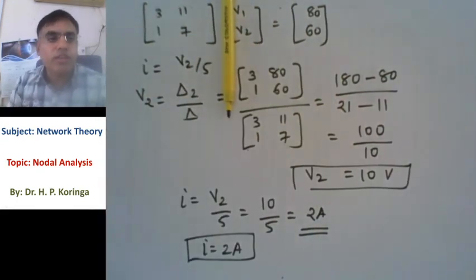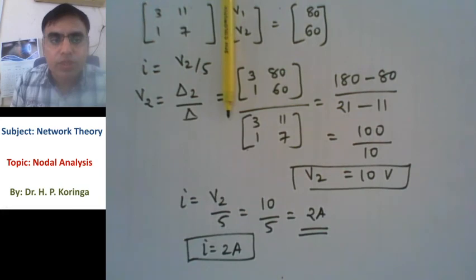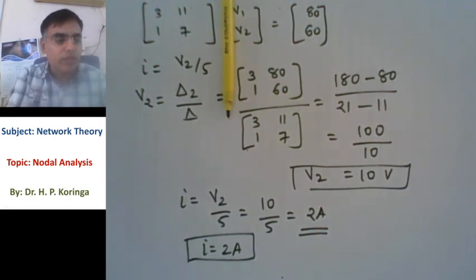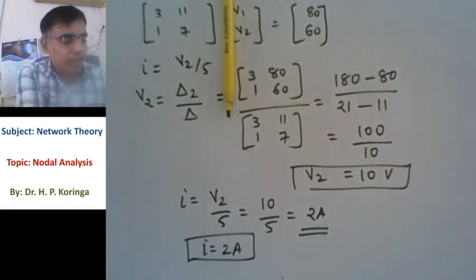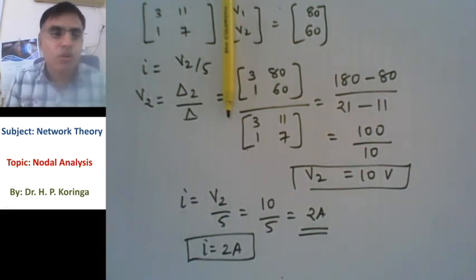So here friends, we have solved the example which has both types of source, control source as well as independent. Okay. Now let's take one more example in which we are required to apply super node analysis.